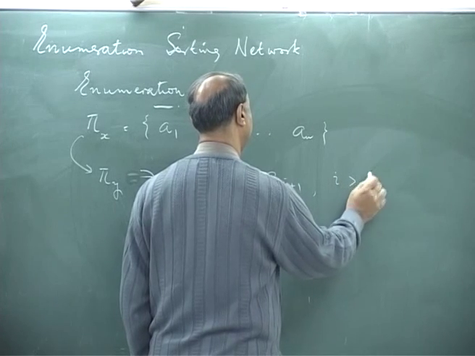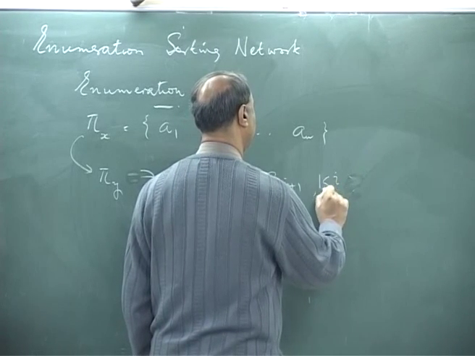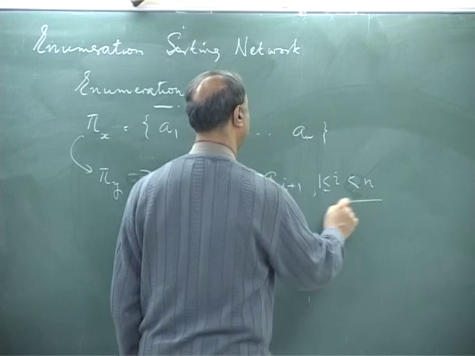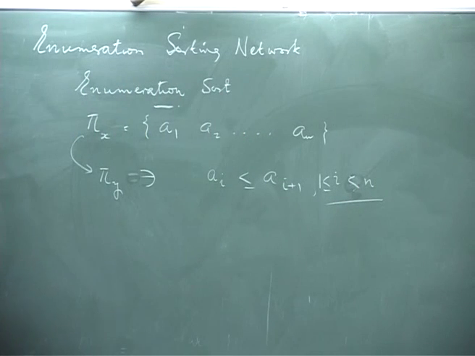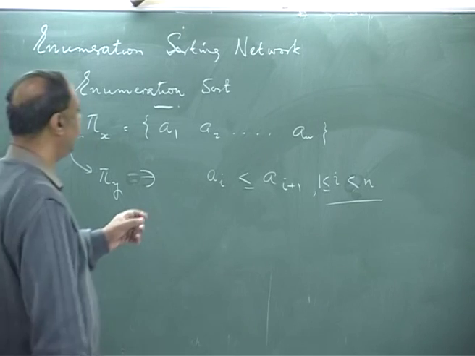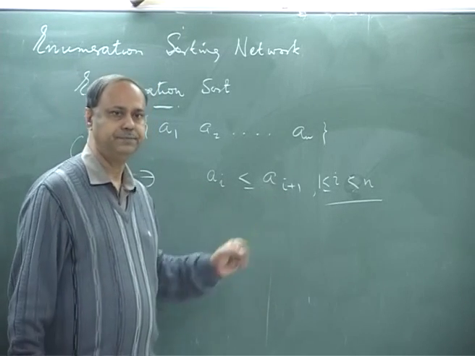You are looking for a permutation pi y of n elements A1, A2, and An such that ai is less than or equal to ai plus 1.